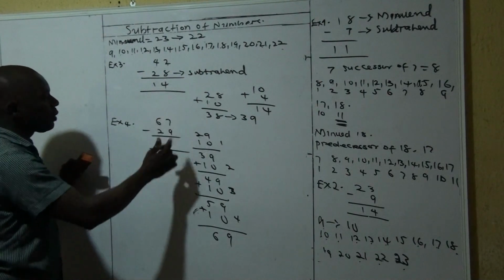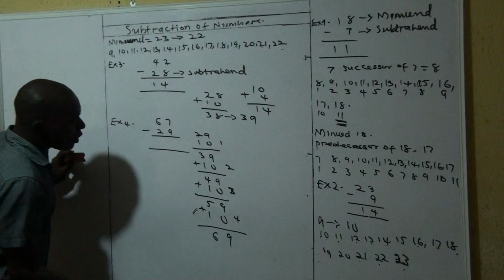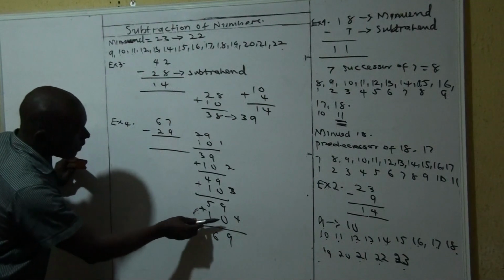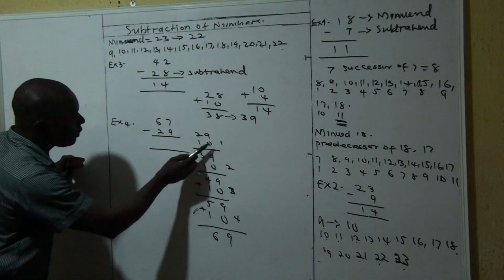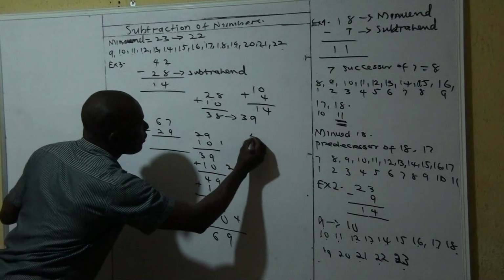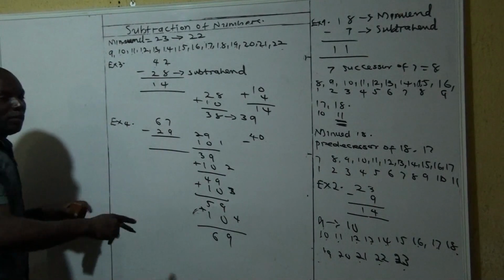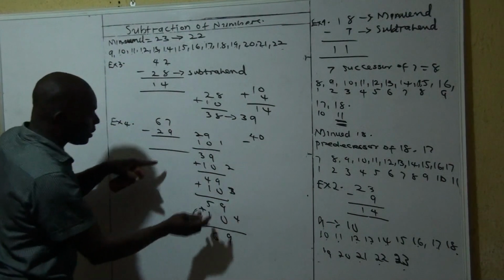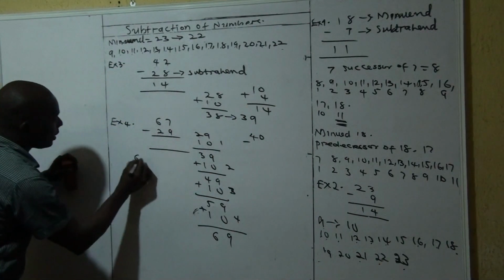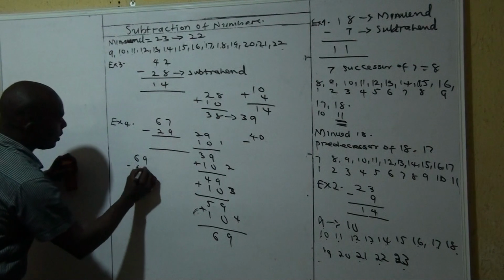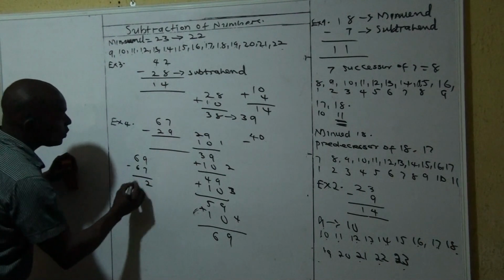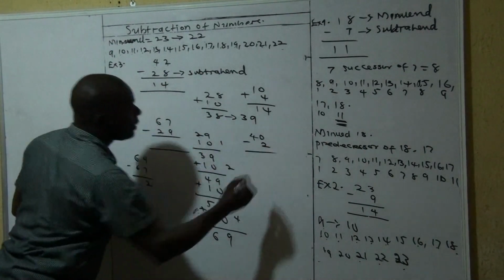That will give us 2. So now we look, how many tens did we add here? 1, 2, 3, 4. That means it's 40. That is 4 tens, 40. Minus, because it exceeded this, we say minus. So here we put minus 2 here.